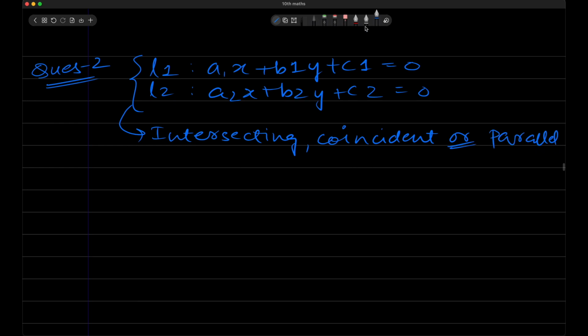So we can solve this question using the coefficients. We start by comparing A1 upon A2 with B1 upon B2.